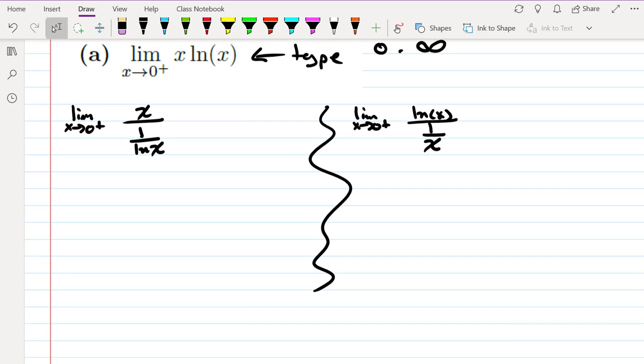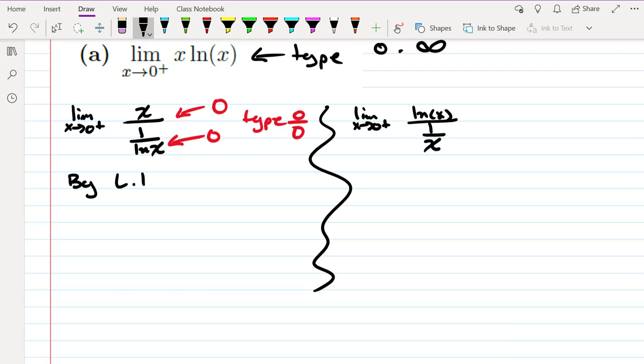Now, as x goes to 0 from the right, in the top, we get 0. And the natural logarithm of 0 is infinity, but a constant over infinity gives us 0. So this is type 0 over 0. Now, by L'Hopital's rule, we need to take some derivatives.